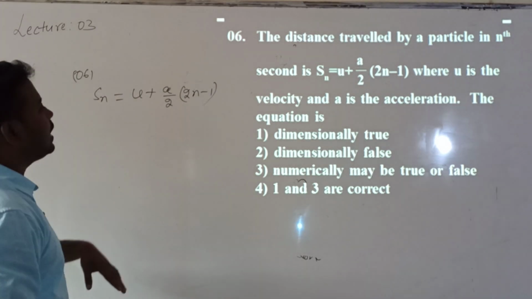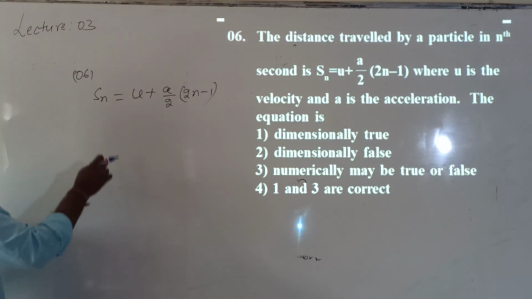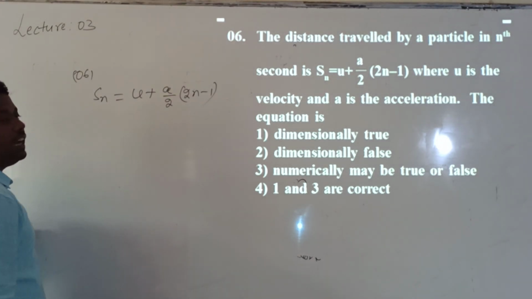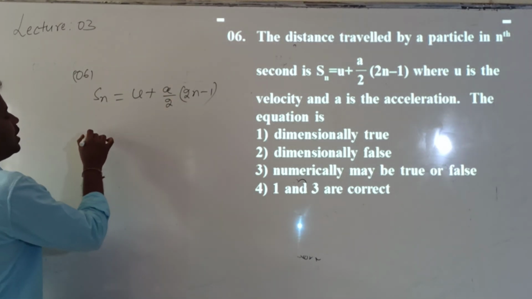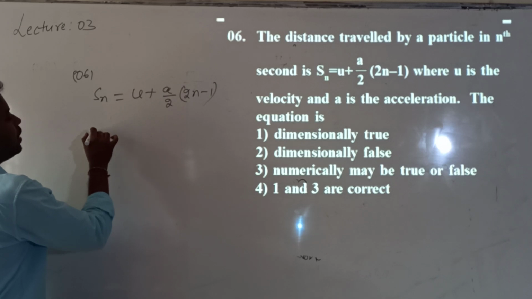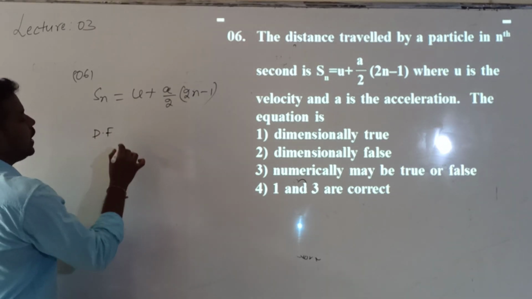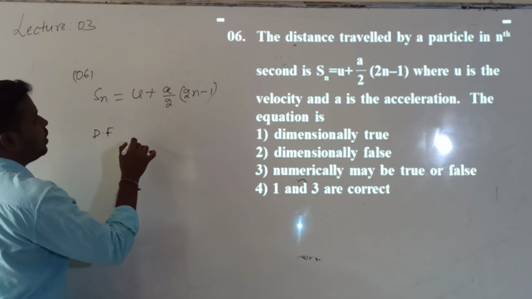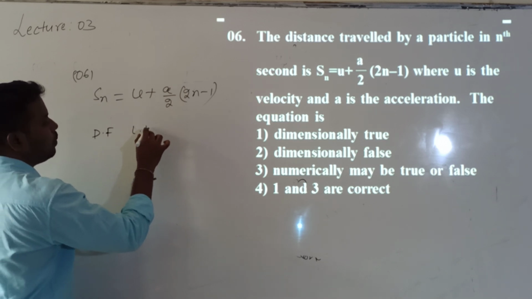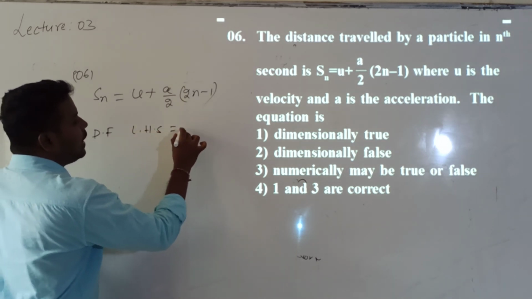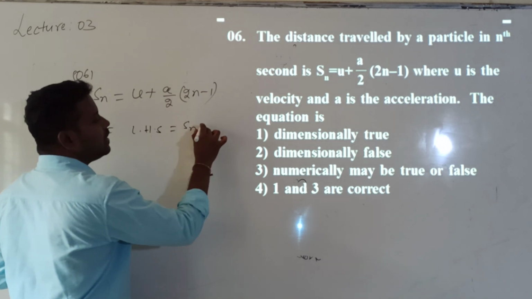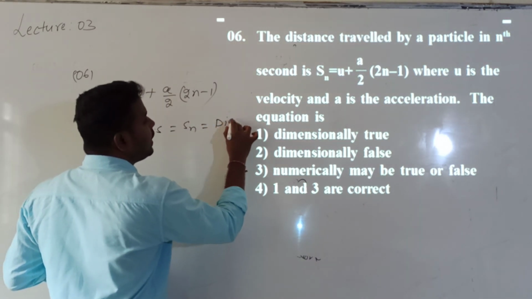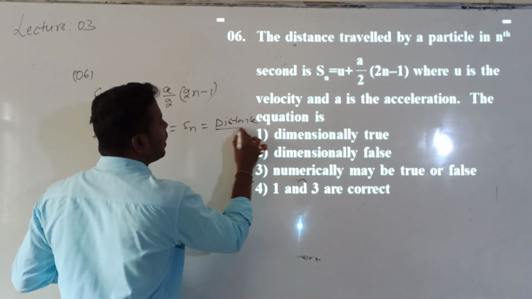So is this equation correct or wrong? We can check whether this equation is right or wrong dimensionally. To check dimensionally we will use the principle of homogeneity. According to that, first the dimensional formula of LHS. On the LHS they given Sn. What is Sn? Distance travelled in nth second. So distance by time.